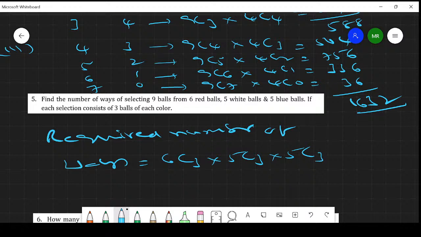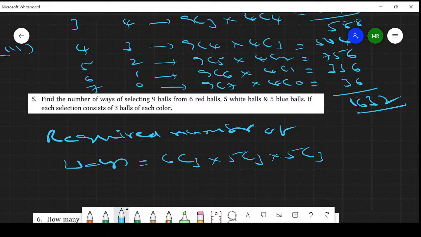You find this value, 6C3 into 5C3 into 5C3. It comes to the required answer. You can simplify that. They're asking to select 3 balls of each color. You can simplify, you will get the required answer. That will be easy, you can do that.